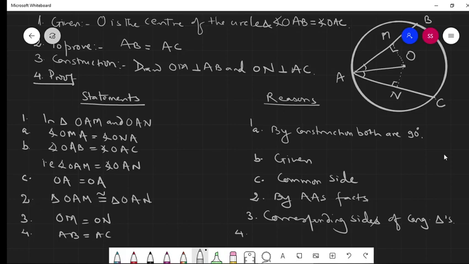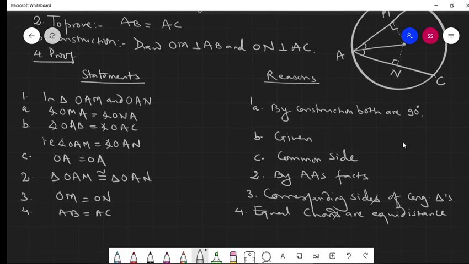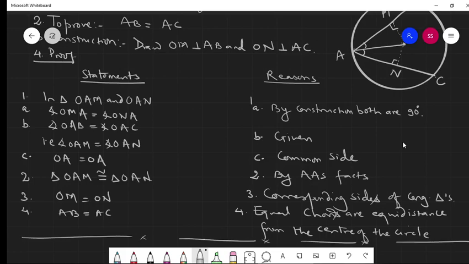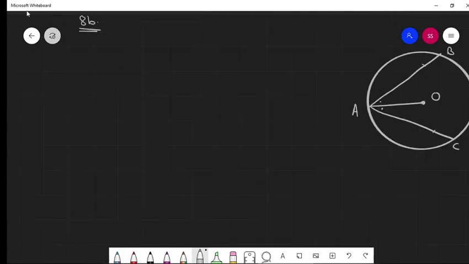That's why AB and AC are equal, because equal chords are equidistant from the center of the circle. In this way we prove these theorems. I think you understand this.